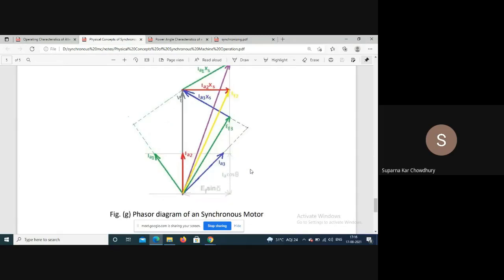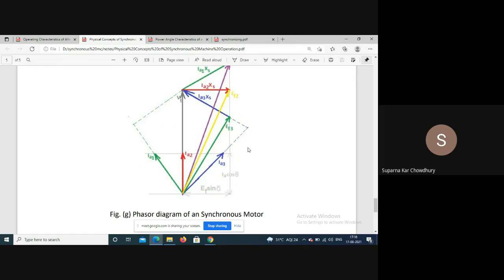Here also, if we draw the same figure, the motor is delivering some constant power. So if the power is constant, the component Ia cos theta along Vt should be constant, and Ef sine delta should be constant.